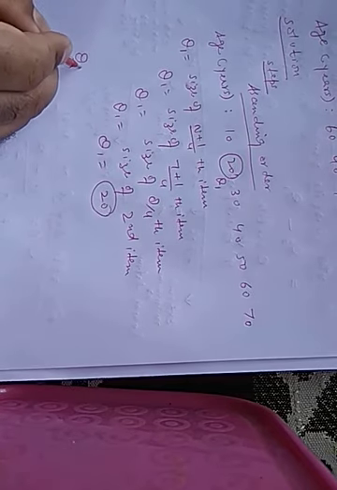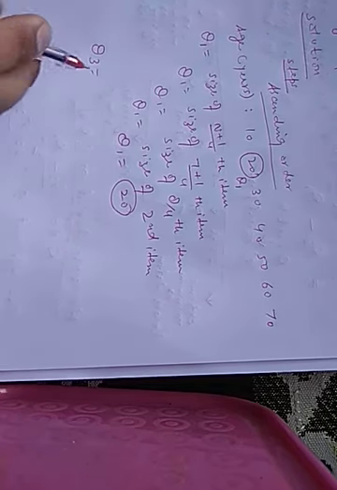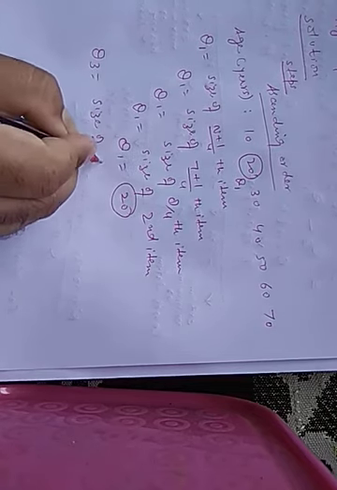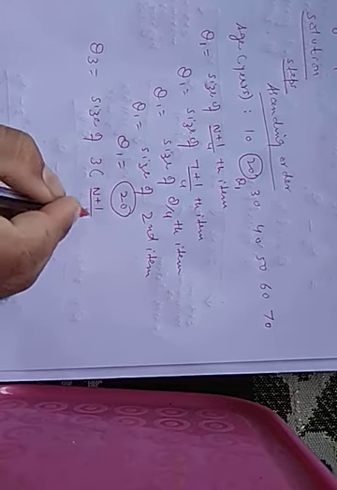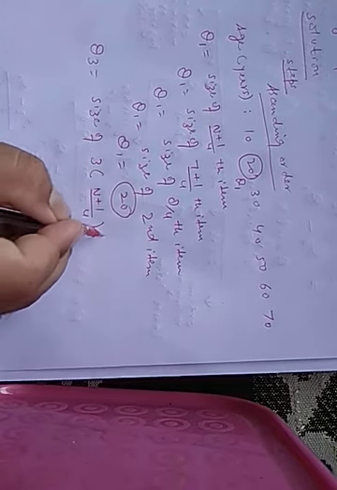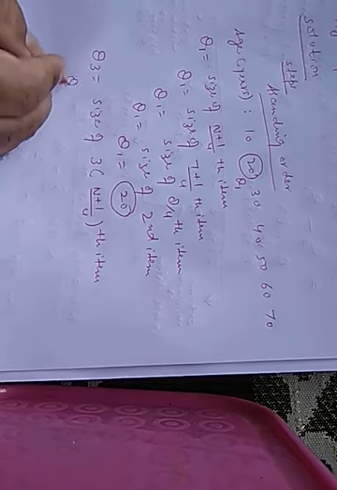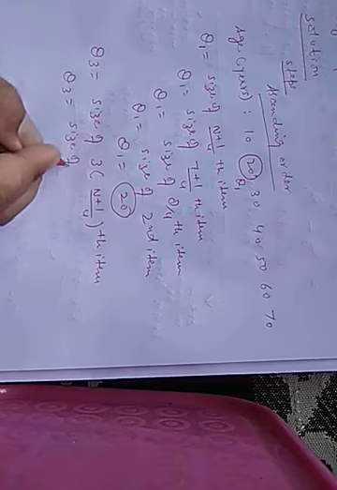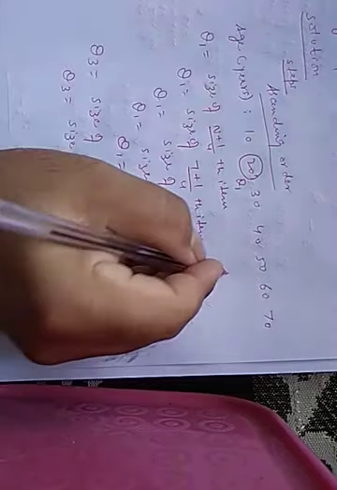Now we have to obtain the value of the third quartile, which is equal to size of 3 times (n plus 1) divided by 4th item. Here n is equal to 7.